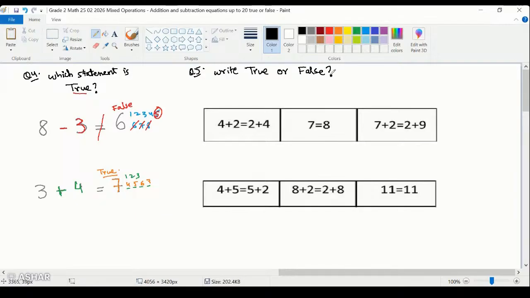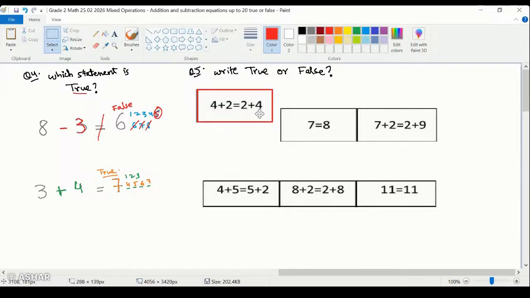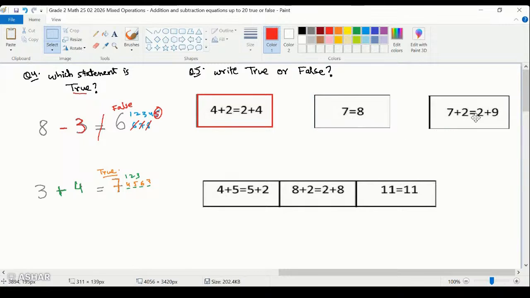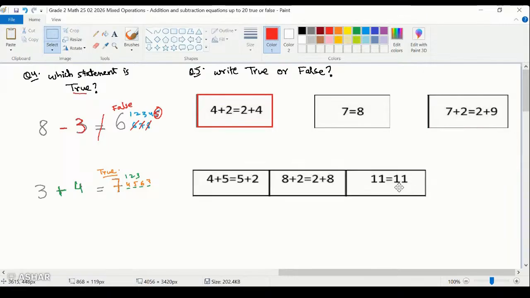Okay. The first sentence is, I'll highlight each one of them. This is our first sentence. 4 plus 2 is equal to 2 plus 4. Is this statement true or is this statement false? The first question that we can see on the screen in the red box.